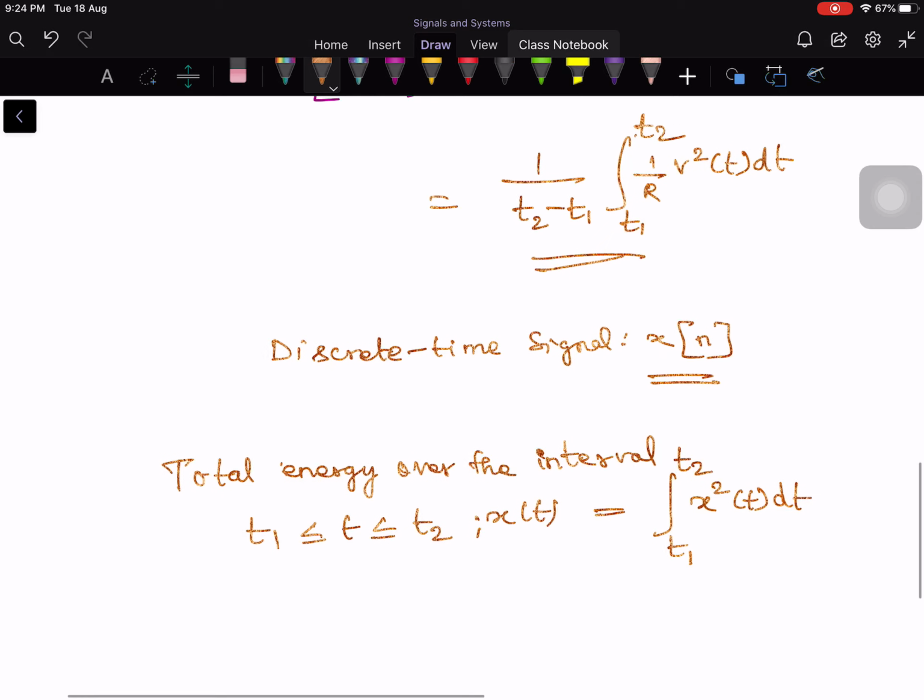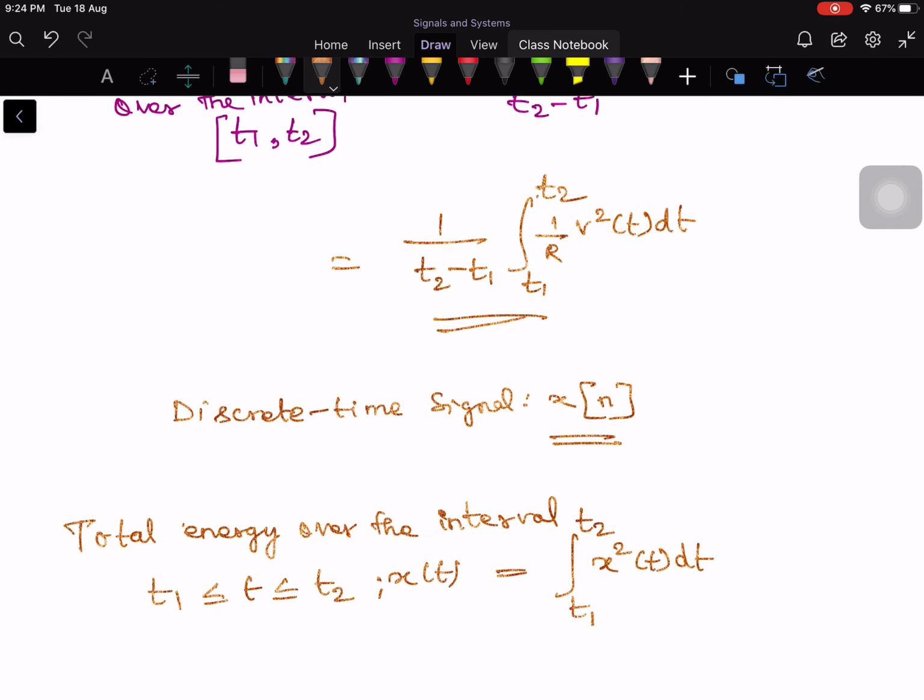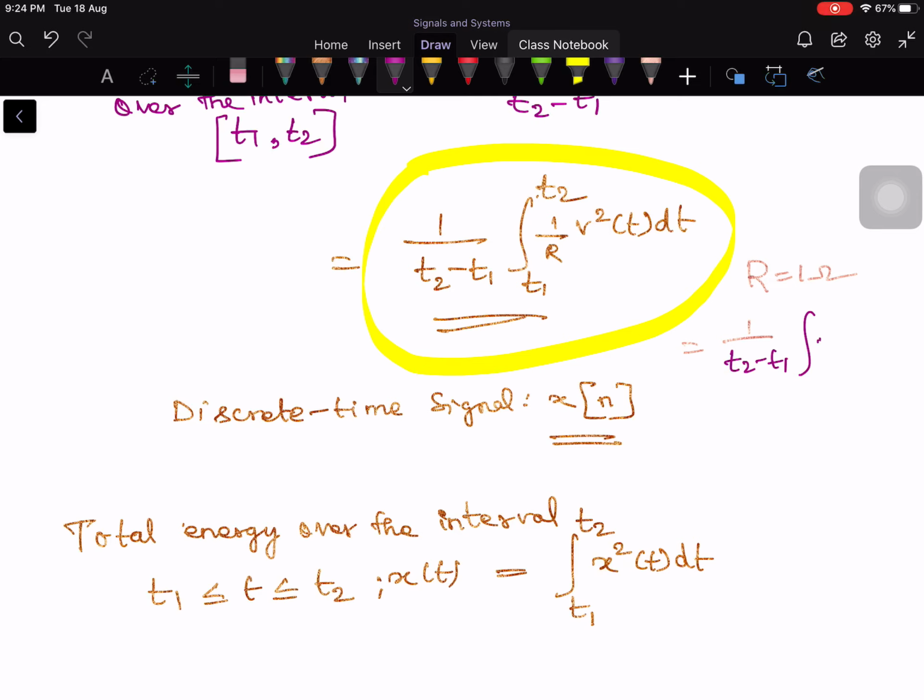And one more point I would like to mention here. Suppose in this expression, consider this one, if I substitute R is equal to 1 ohm, then this definition becomes 1 over t2 minus t1 integral of v square of t times dt from t1 to t2, or I can say 1 over t2 minus t1 integral of i square of t times dt from t1 to t2, because I assumed R equal to 1.